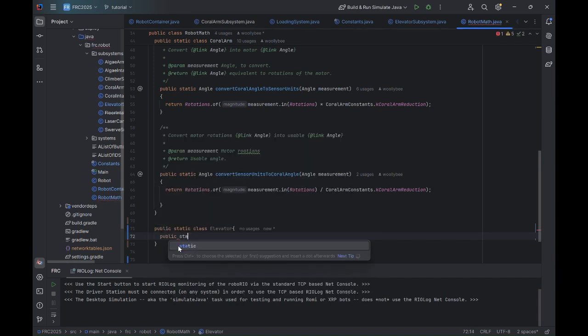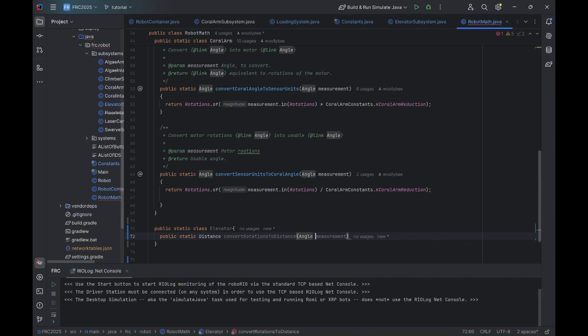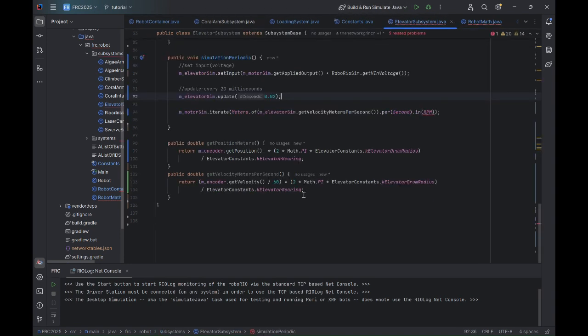It should be in distance, and we want one parameter which takes the rotation. And what we are going to return is the same thing we have done before.